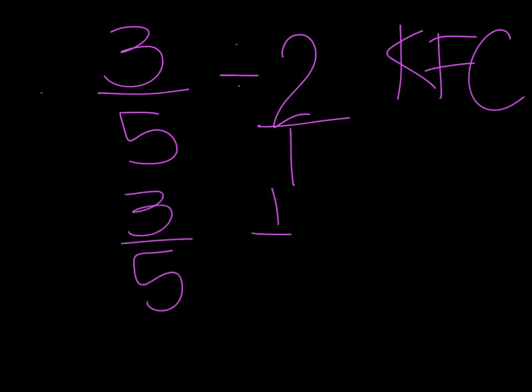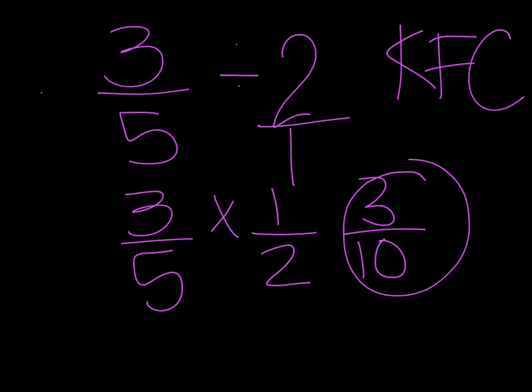Flip. And what's that fancy word I told y'all we're doing? Finding the reciprocal. Very good. And what do I do to my sign? Change it. What's 3 times 1? 3. 5 times 2? 10. The answer is 3/10. Who got 3/10? Excellent. Give yourself a whoop, whoop. Good job. Okay, now go ahead and work that next problem.